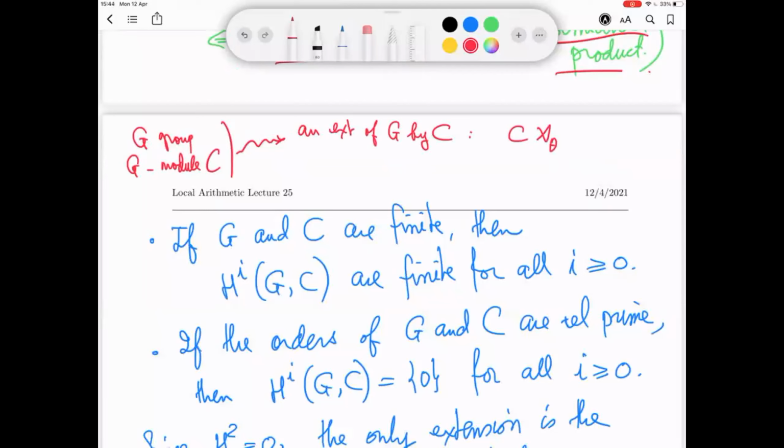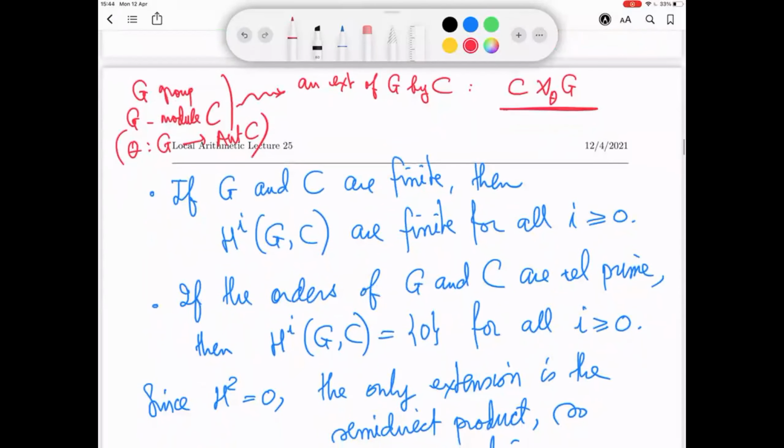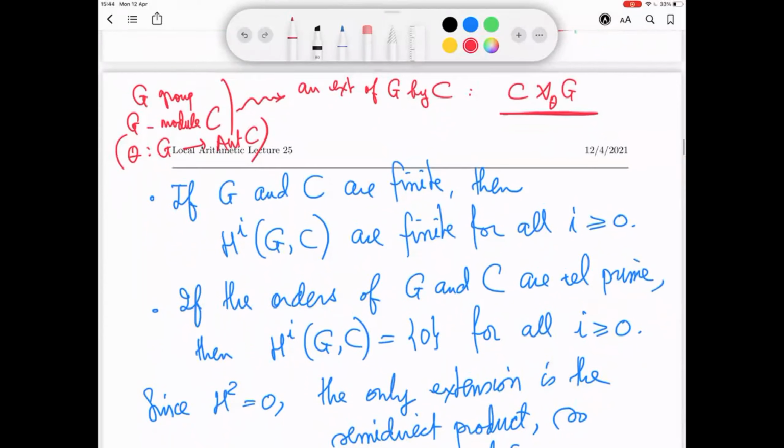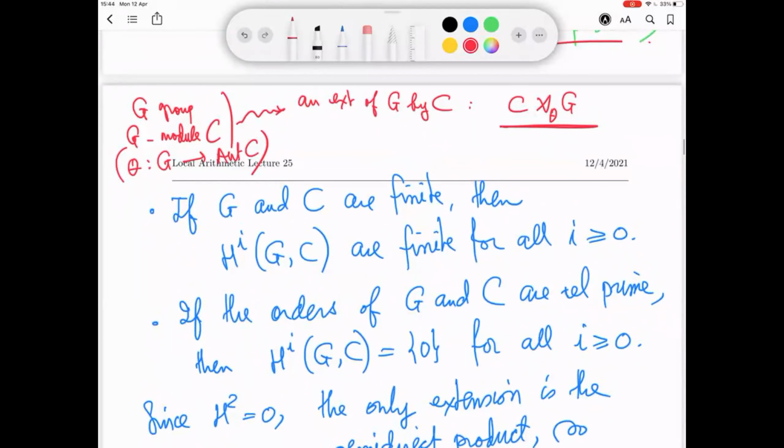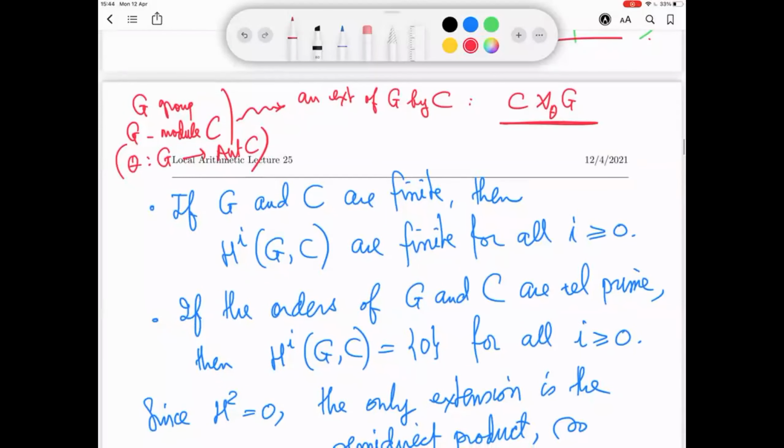If theta is the action of G on C, then C ⋊_theta G is the notation for the semi-direct product. This extension is always there, and there may or may not be other extensions depending upon what G and C are.